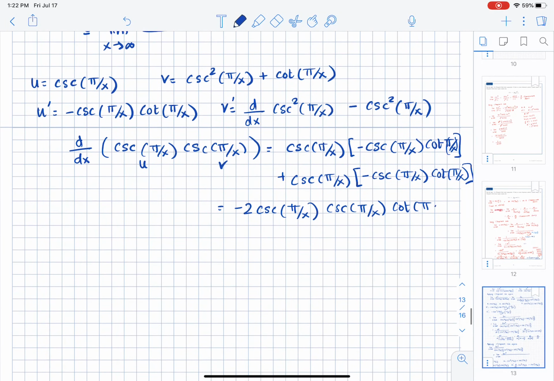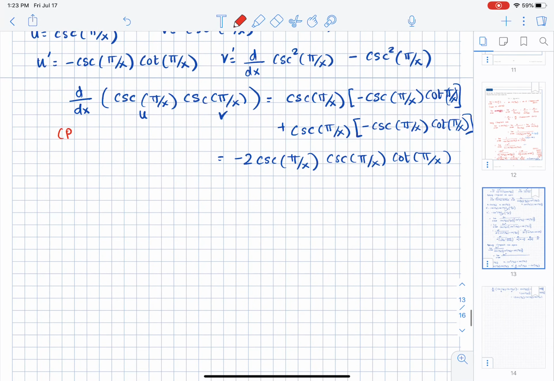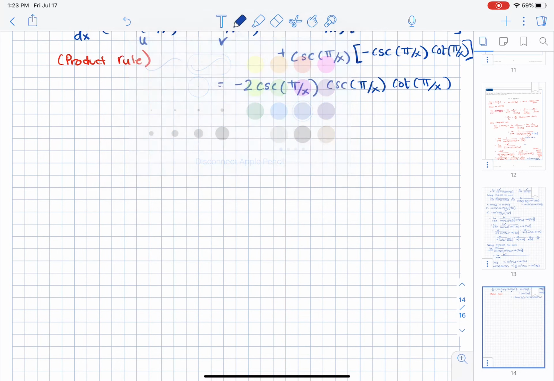Now you may say, could we have done it the easier way? Here I use product rule, but if you think about it, I could have used chain rule.